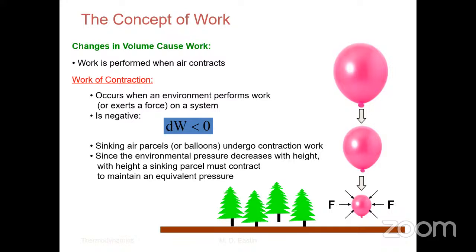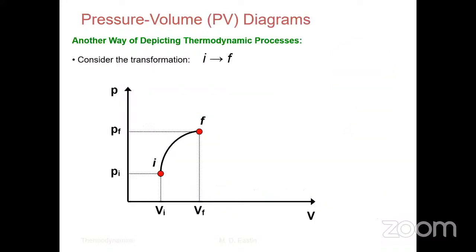When the balloon is coming down, it's contracting because of the pressure on it. And so you have dW as negative, that is less than 0. The pressure-volume diagram is still just explaining what I just told you.